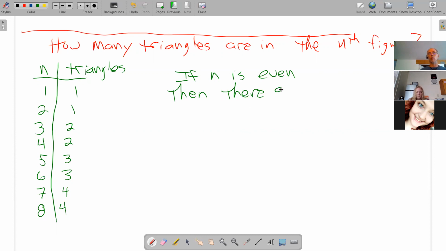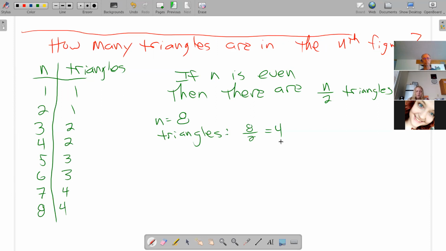So then there are n over 2 triangles. Let's test that. If I pick an even number like 8, that's my n, then the triangles should be 8 over 2, which is 4.